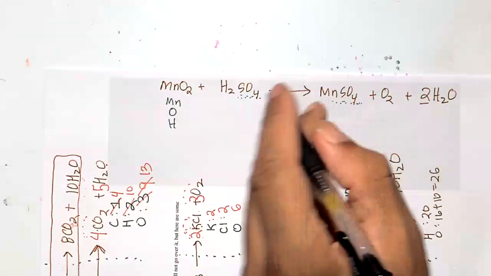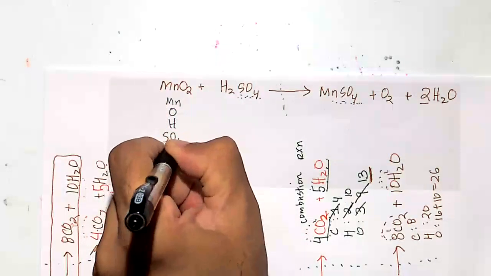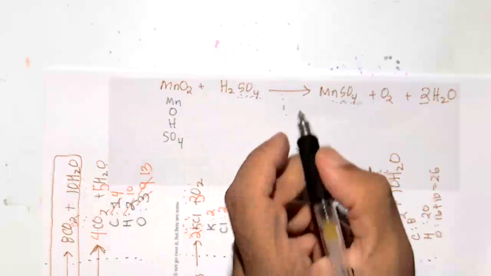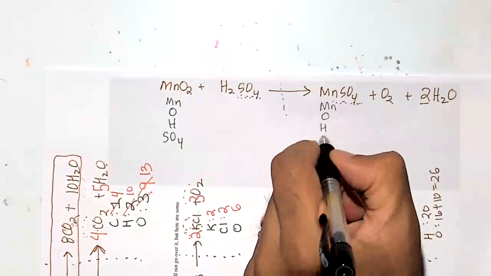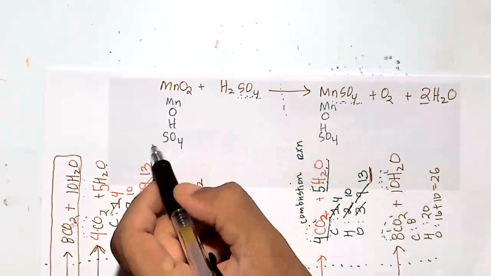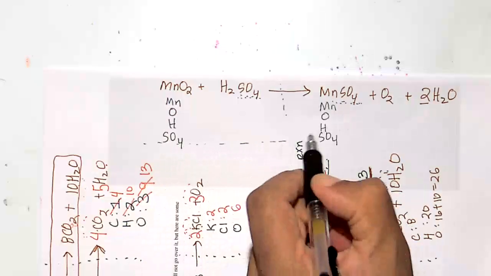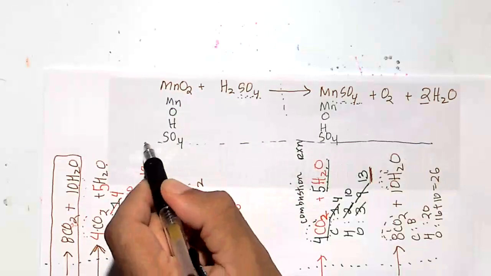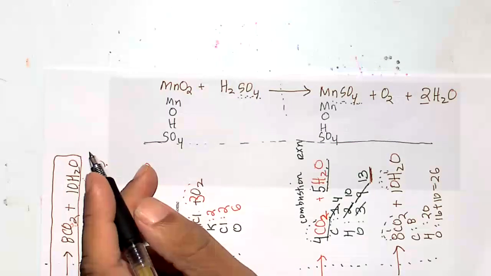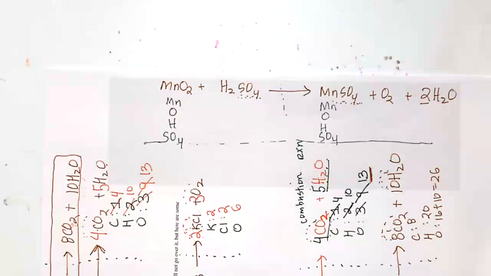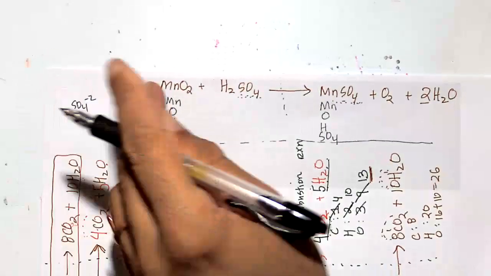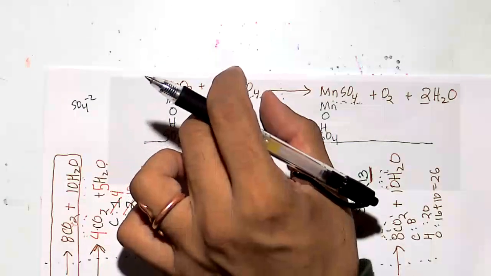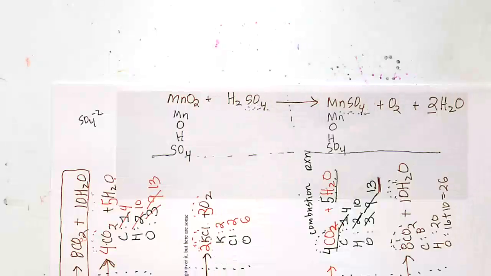This is called sulfate, so I'm going to take it out as SO4. You can pluck the SO4 out. Actually, sulfate is SO4 minus 2, but I'll take the SO4, which is a polyatomic ion.